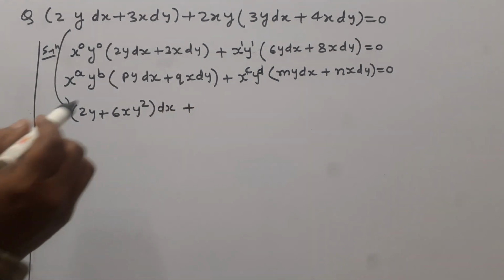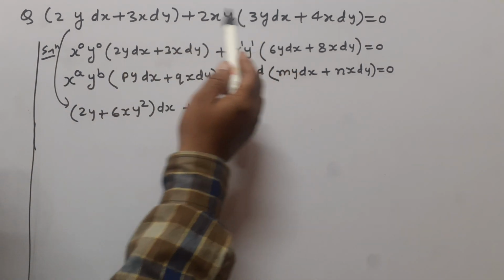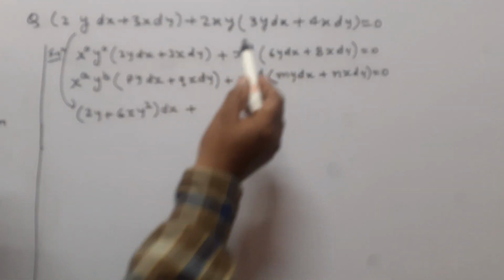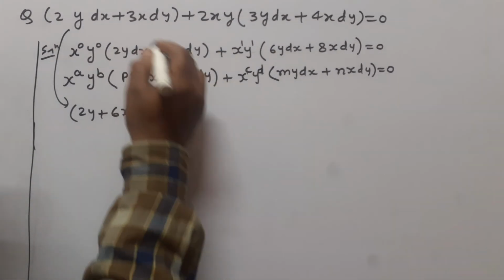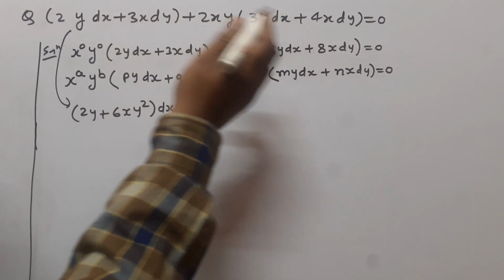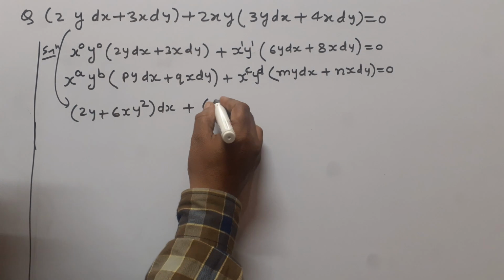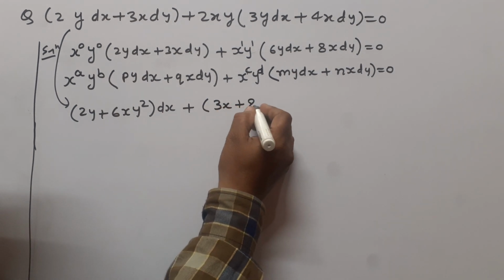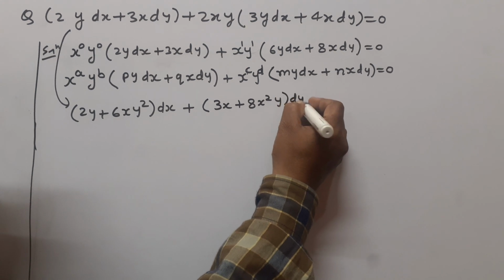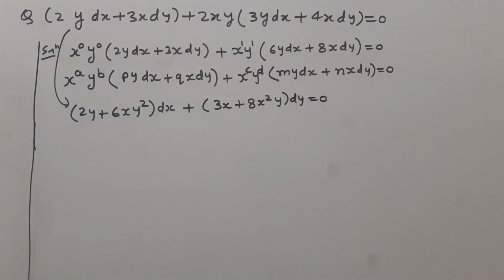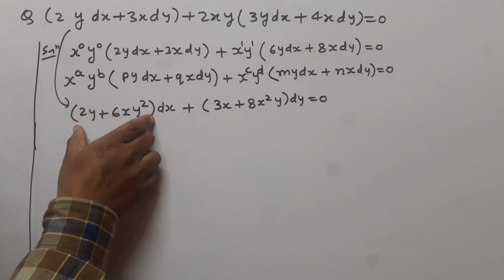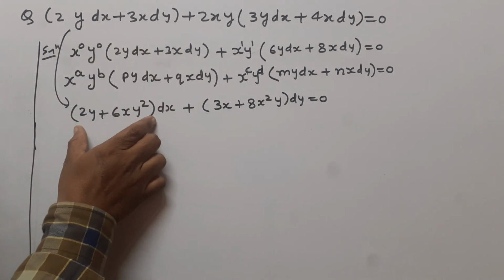We take the terms which multiply with dx in one bracket, and now we take those terms which are the coefficient of dy in one bracket: (3x + 8x^2 y) dy = 0.